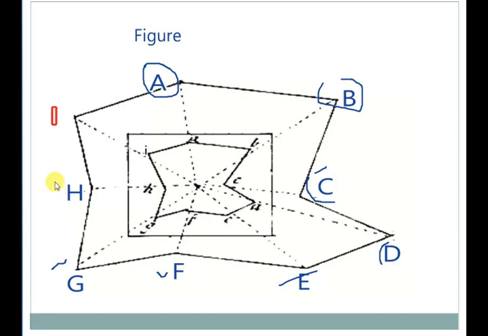As you can see, this piece of land is absolutely irregular in shape. In order to plot this, we have placed a plane table right in the center.